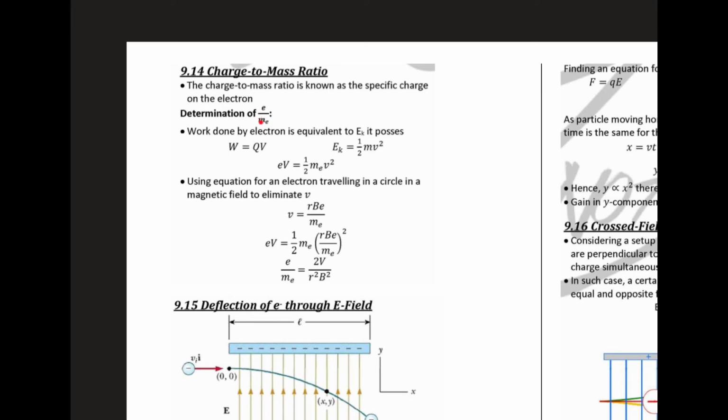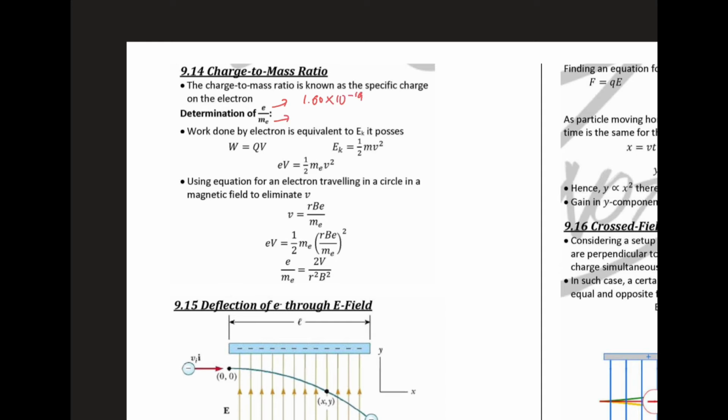So you have to divide that, then you get the charge to mass ratio. Of course, that is the value we know actually. If you look at the data booklet, you will know about the charge of the electron, which is 1.60 times 10 to the power of negative 19. Yeah, we know this.